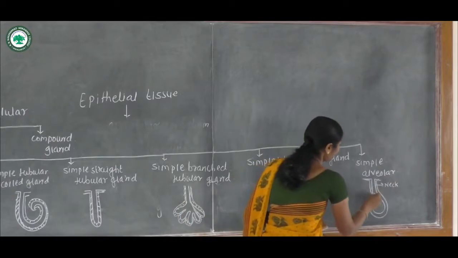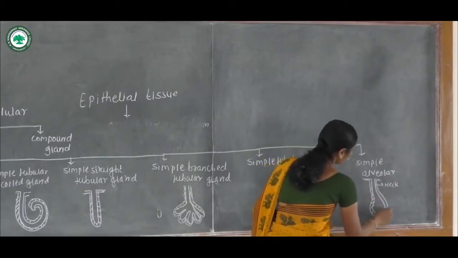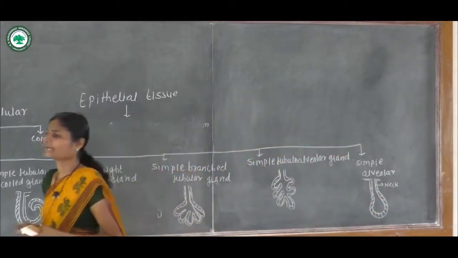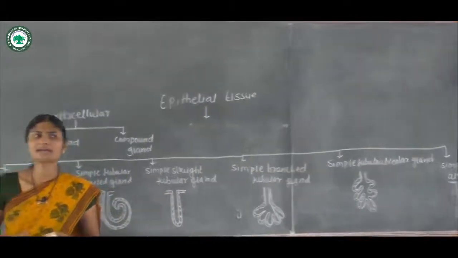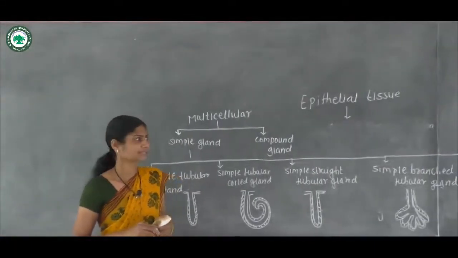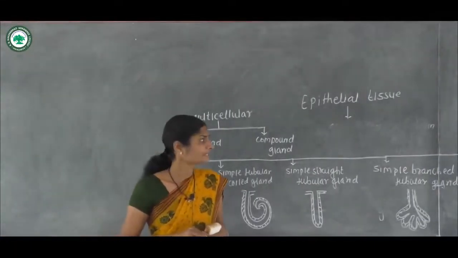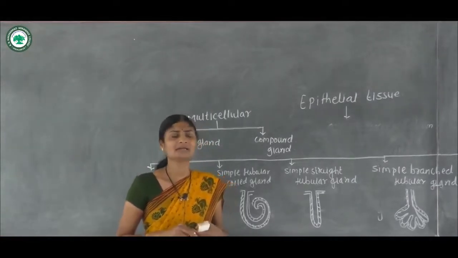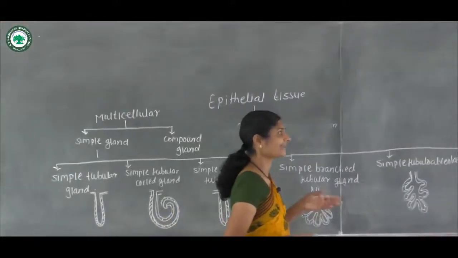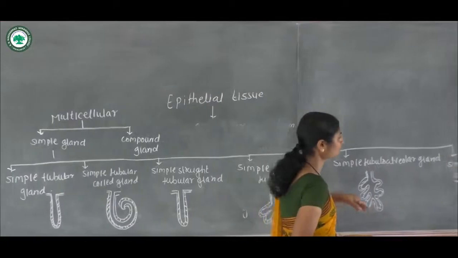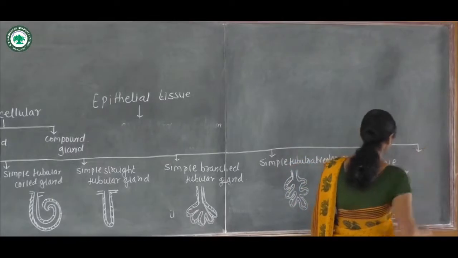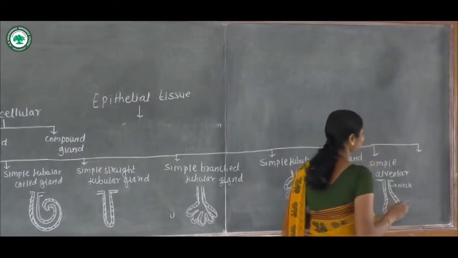These glands are present in the skin glands of amphibia. With a slight modification, this type is called simple branched alveolar glands.